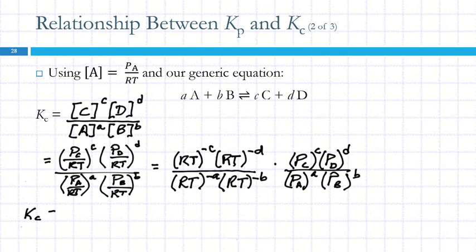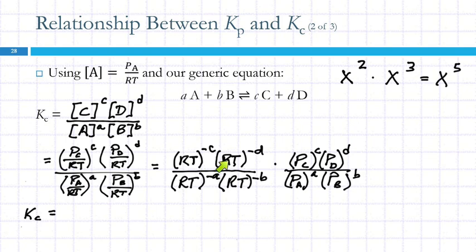So Kc is equal to, when you multiply things raised to a power, like if you have x squared times x cubed, you add the exponents. So this is the same as x to the 5th power.